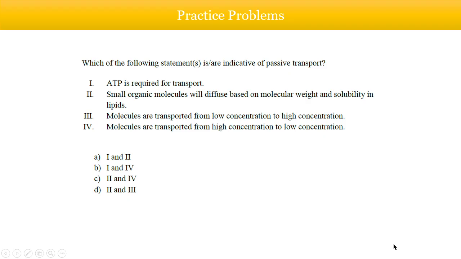The third statement is incorrect, because transport from low to high concentration requires energy, and it is more a characteristic of active transport. The next one is definitely correct, because there is transport from a higher to a lower concentration across the concentration gradient. So options 2 and 4 are the correct ones. That is option C.